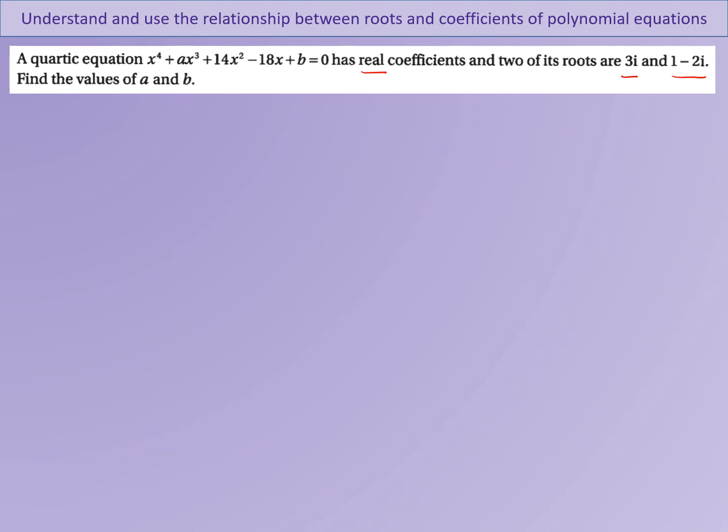So if 3i is one root, then minus 3i is another, and 1 minus 2i implies that 1 plus 2i is also a root, which means we can now find the sum of the roots by adding these together.